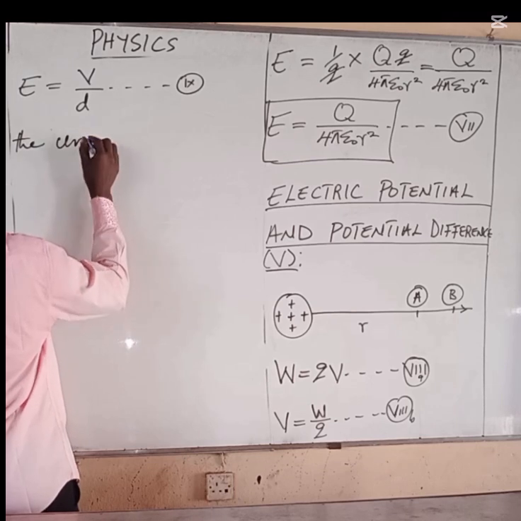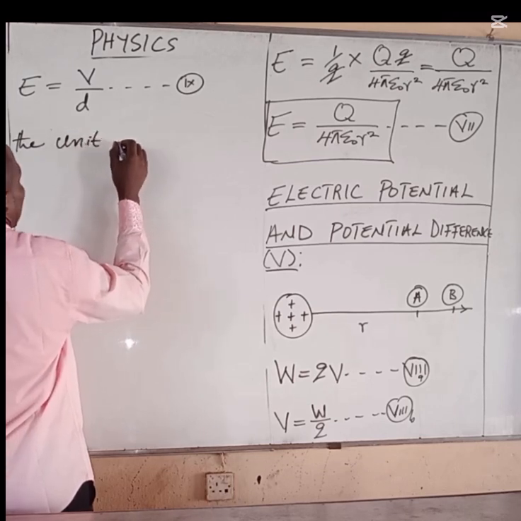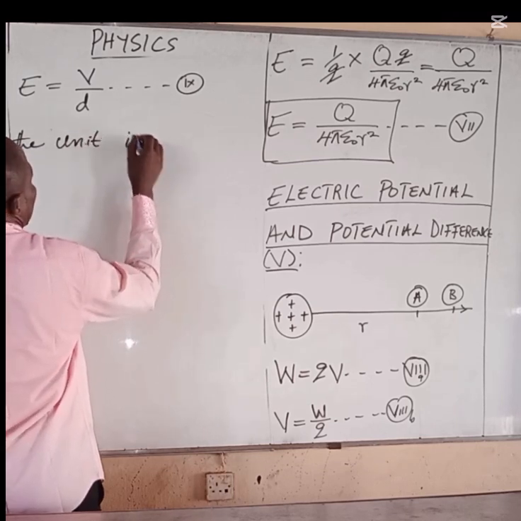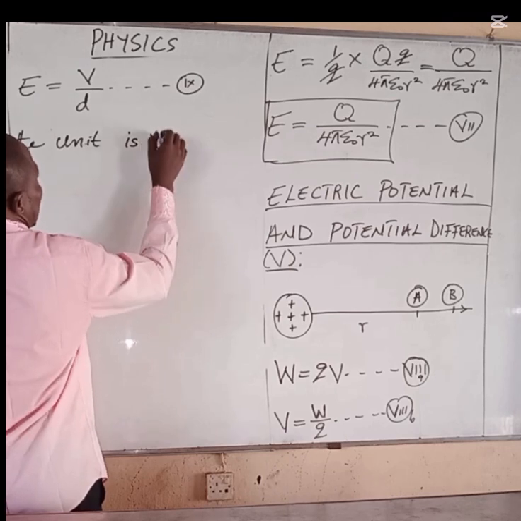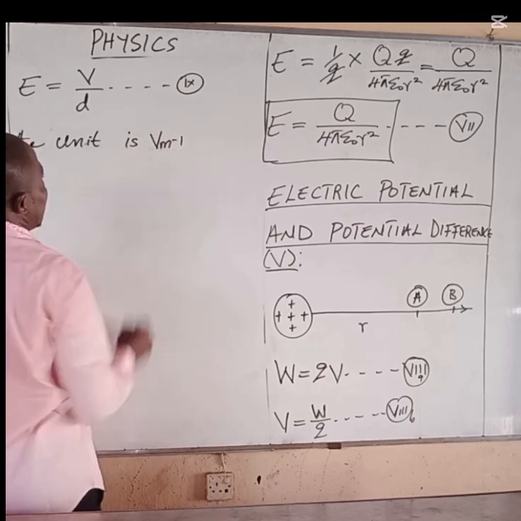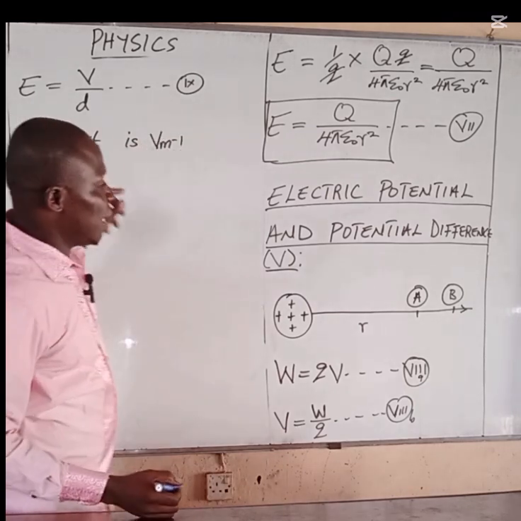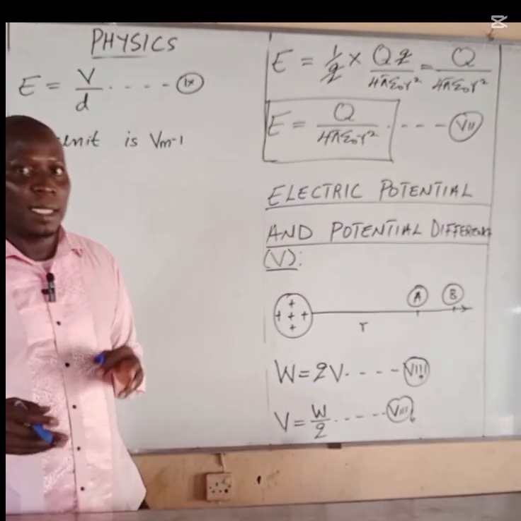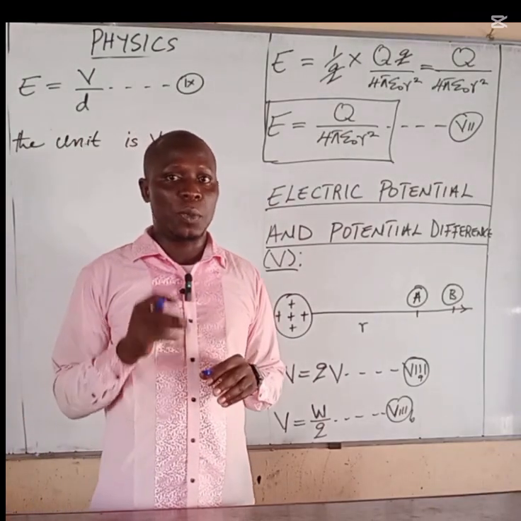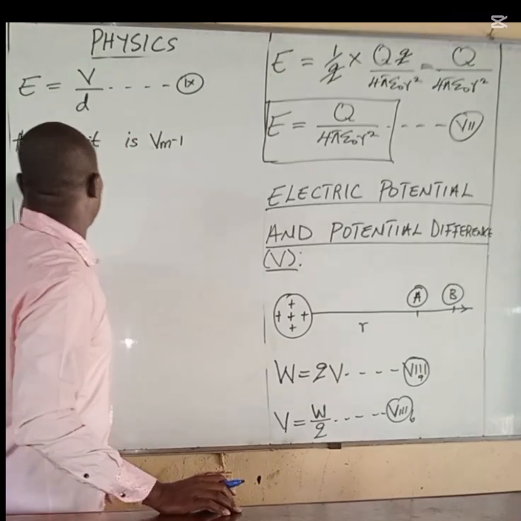So the unit of electric field strength here is volt per meter. So you can see that we have been able to derive up to 3 units for electric field strength.